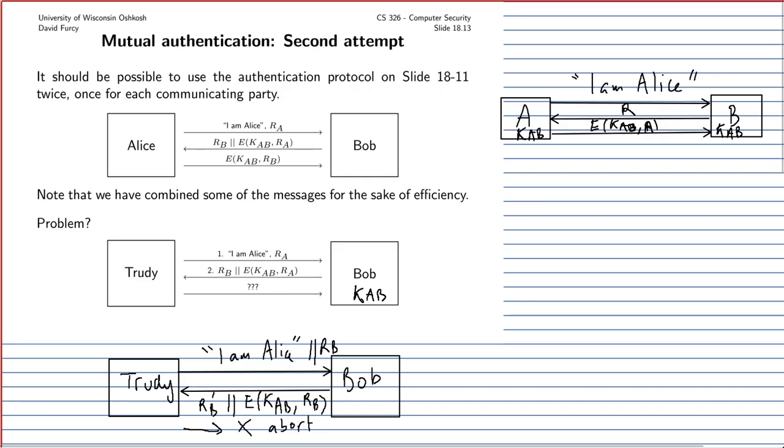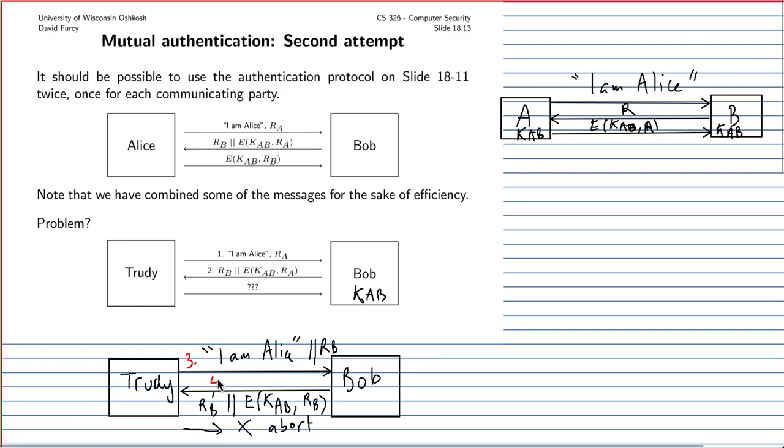So just to be clear, the order of things here is that step 1 and 2 happen first. Then Trudy takes a break from this protocol execution. She's going to initiate a new session, and ask Bob to authenticate himself using this challenge that Bob sent her.